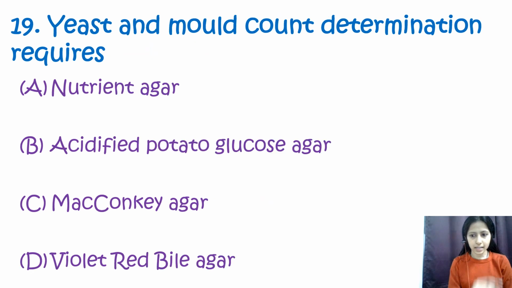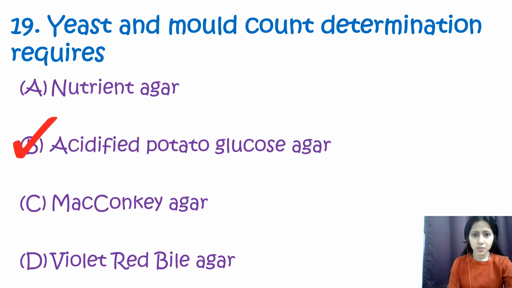Next, number 19. Yeast and mold count determination requires option number A, nutrient agar, option number B, acidified potato glucose agar, option C, MacConkey agar, option D, violet red bile agar. So the correct option is option number B, that is acidified potato glucose agar.